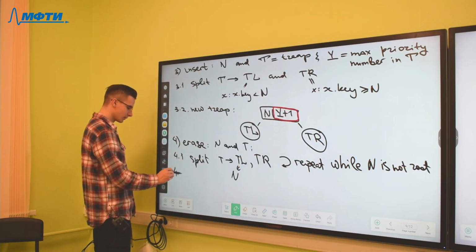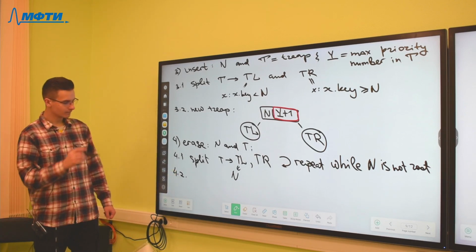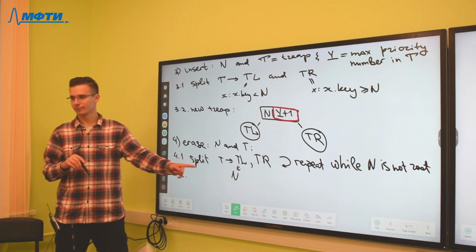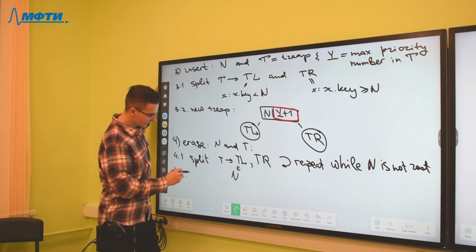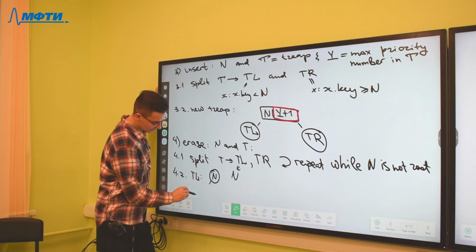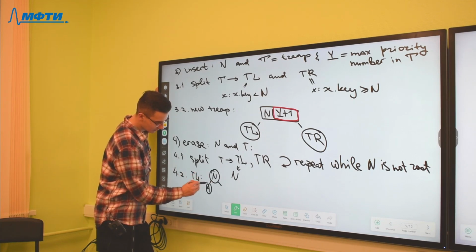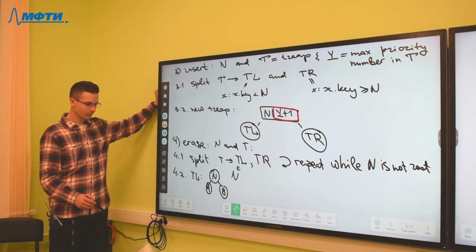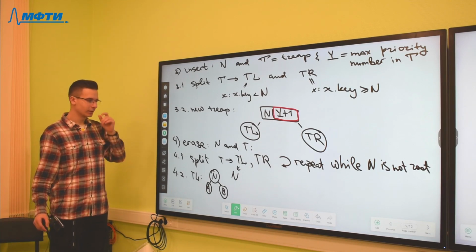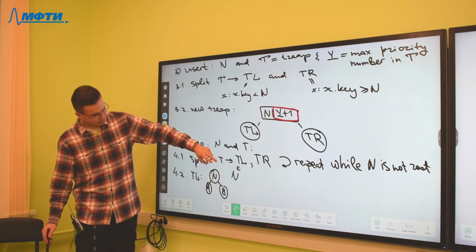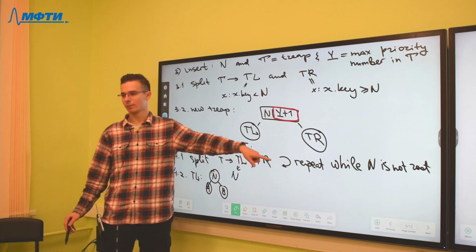So I can think that n is the root of TL, and then I know that TL is n and two subtrees A, B. And we see that if we erase n, we get three treaps A, B, and TR.